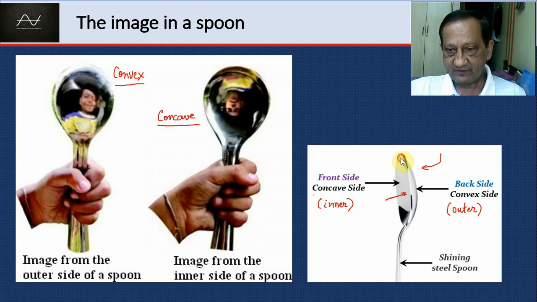If you keep the concave side in front of you, the image seen from the inner side is inverted, the face is downwards. Whereas if you keep the outer surface in front of your face, that is a convex mirror and the image will be erect. The image in a spoon is formed by a curved surface. It is not a plane surface.